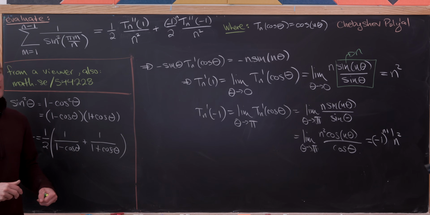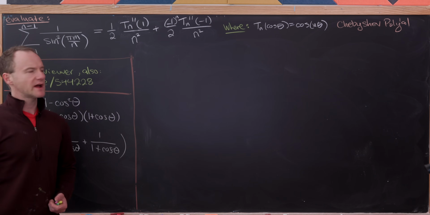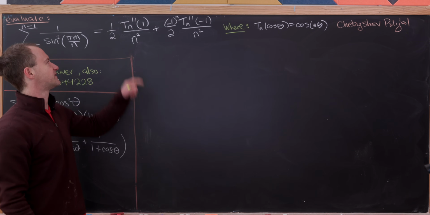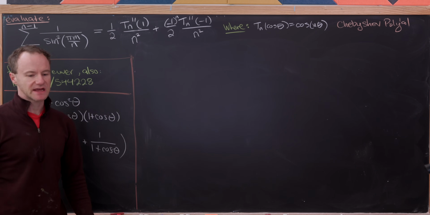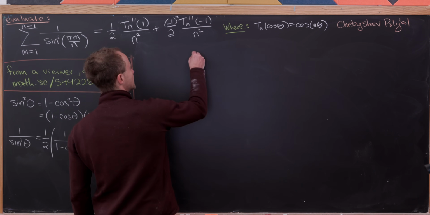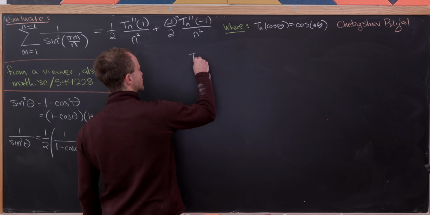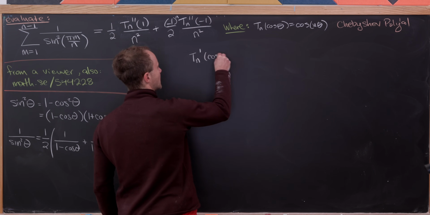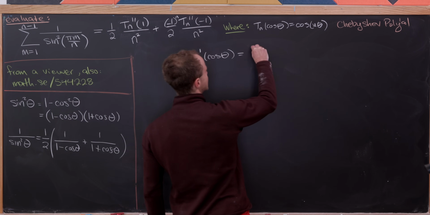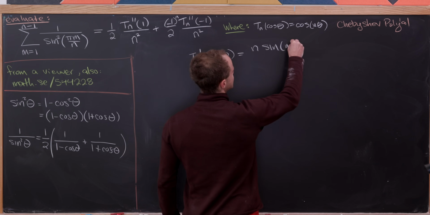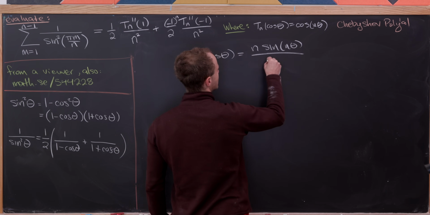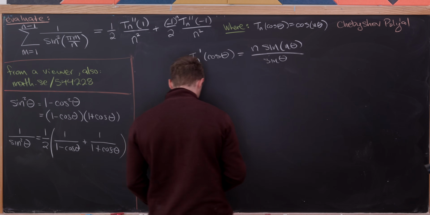And now we'll want to work at finding some values of Tn double prime. Okay, so now we're ready to further our calculations to find some values of Tn double prime. So let's start with this thing that we had before, which was Tn prime of cos theta equals n times sine of n theta over sine of theta.